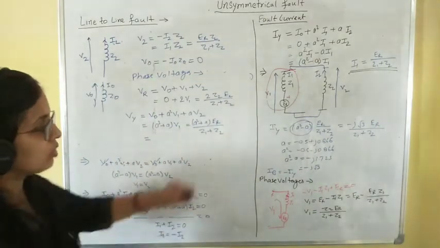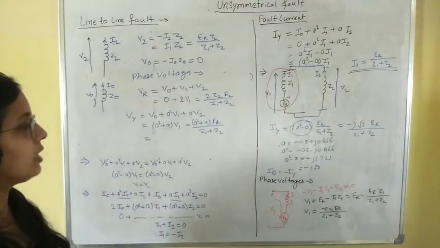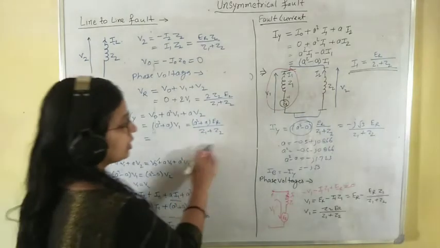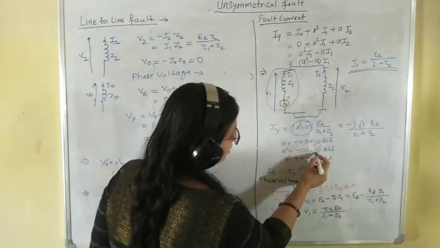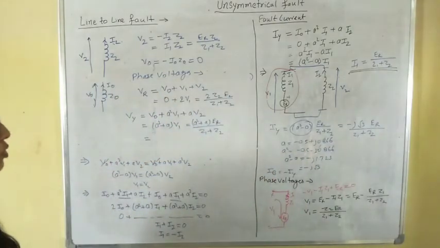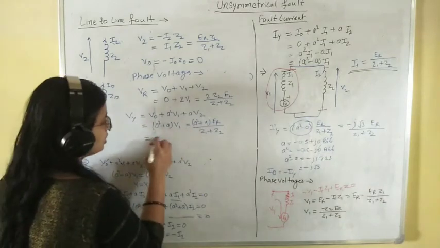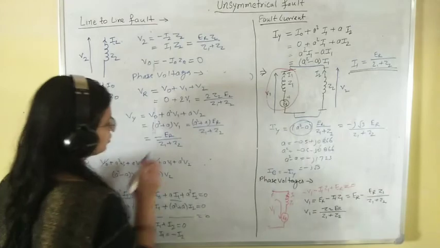Now A square plus A, when we add this value, what do we get? This term will be cancelled and it will be minus 1. That means it is minus ER upon Z1 plus Z2.